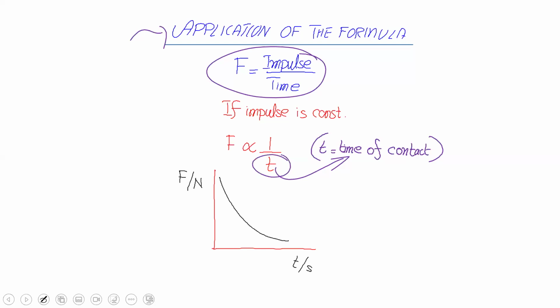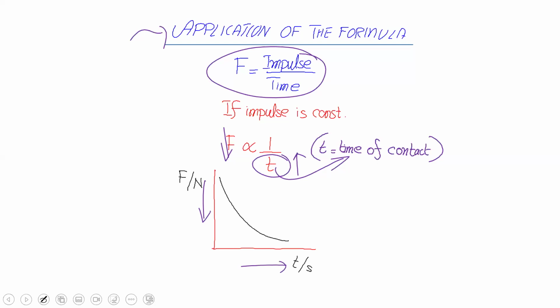When you increase the time of contact, the force decreases. You must have seen the racket of lawn tennis which has a net. Why is there a net? Because the ball goes in, it takes some time, and then it rebounds. This is the concept that time of contact increases. When time of contact increases, force decreases.